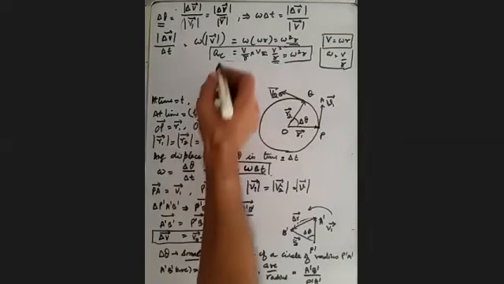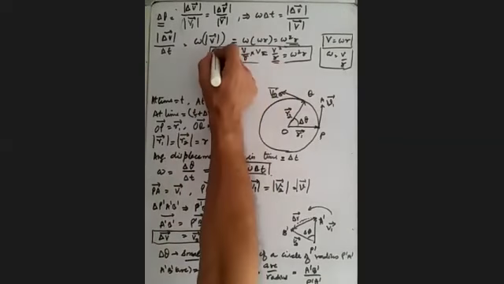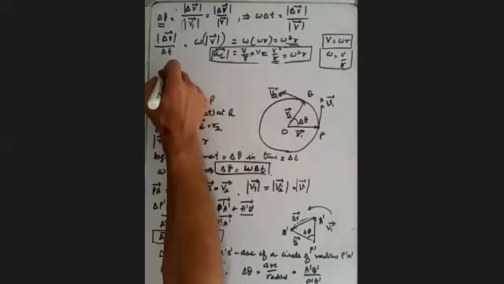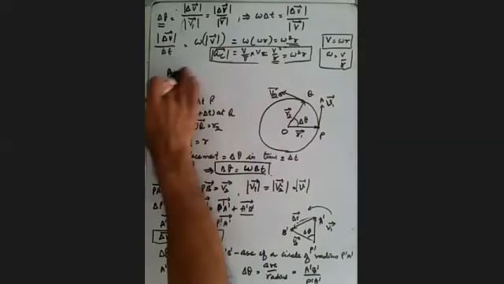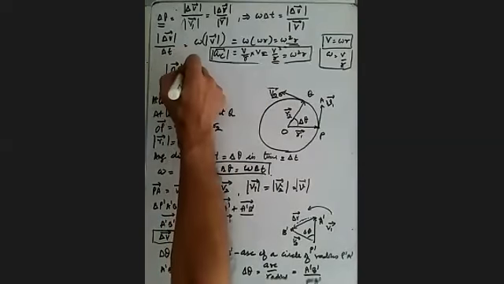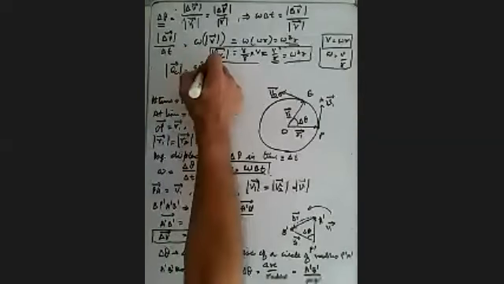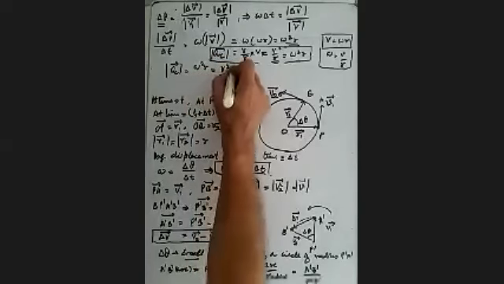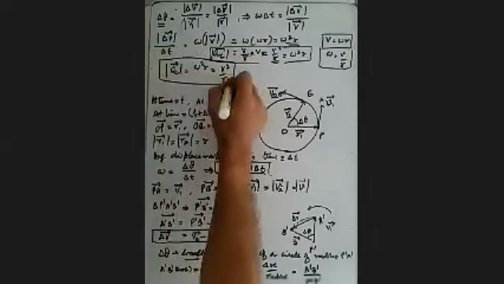You can represent it with the help of a vector and its magnitude also. So a_c is equal to omega square r is equal to v square upon r.